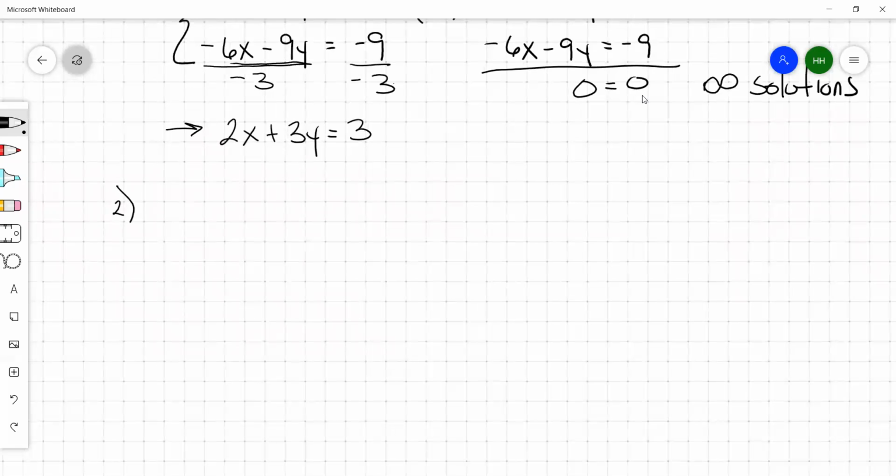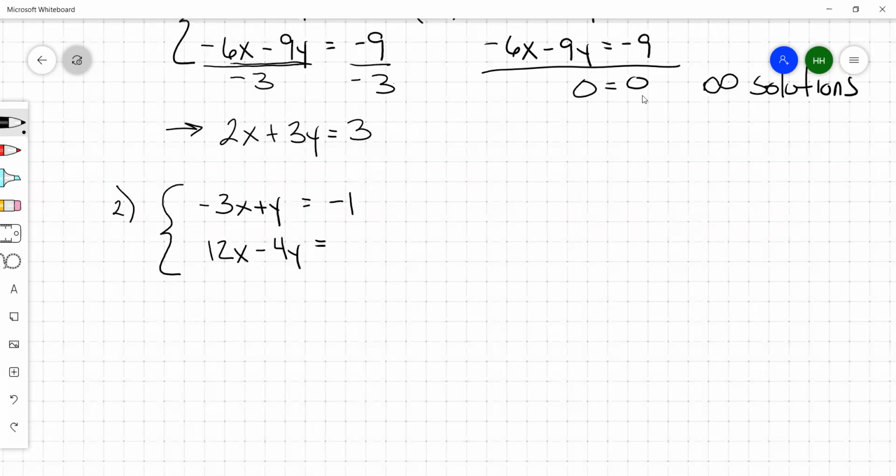Number 2, we got negative 3x plus y equals negative 1. 12x minus 4y equals 0.